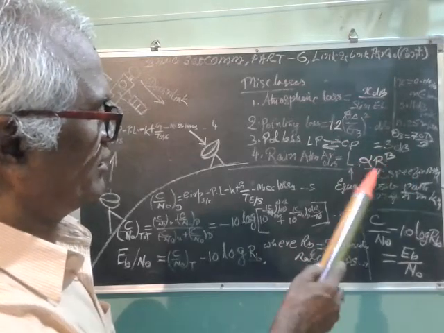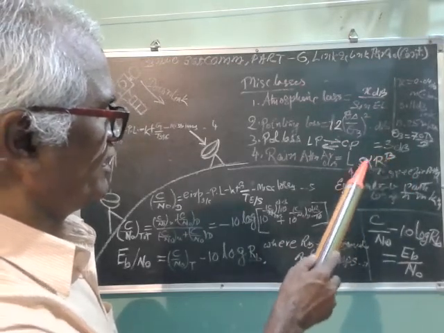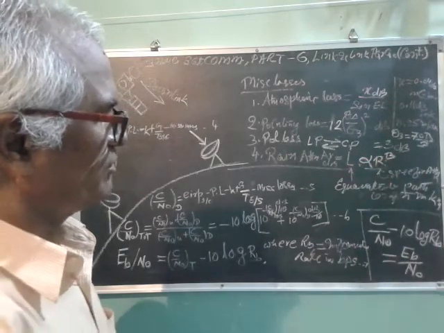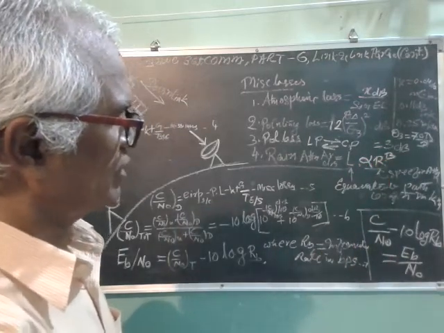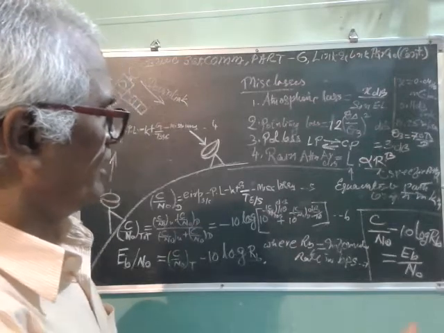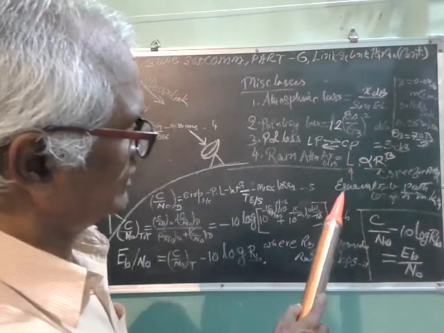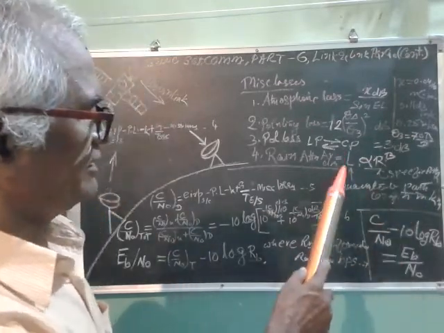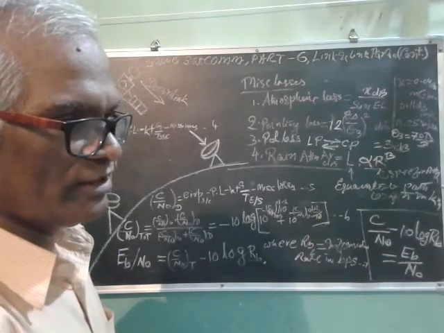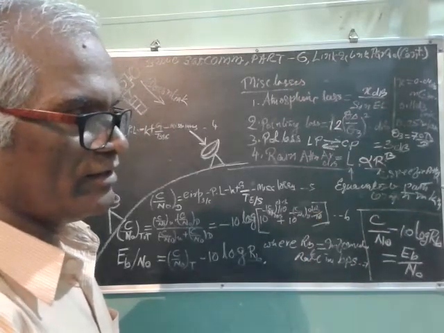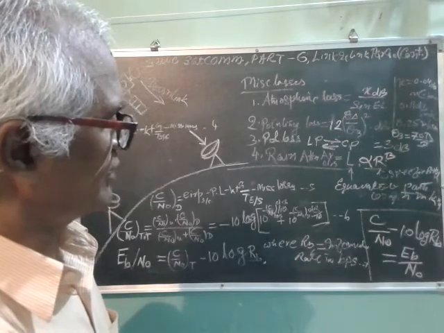This alpha and beta are constants that depend upon the frequency of use and to some extent on polarization, and L is called the equivalent path length, which depends upon the latitude and elevation angle of the earth station.